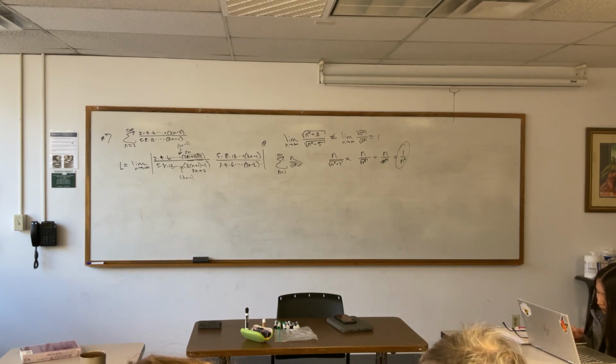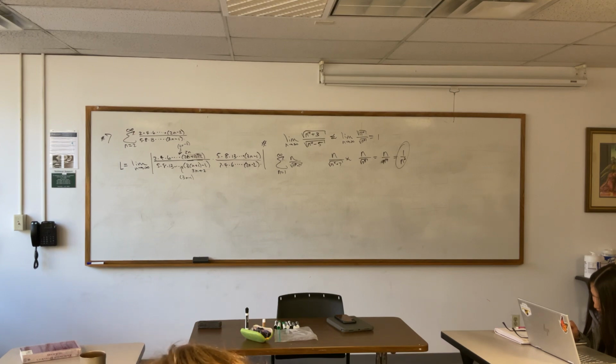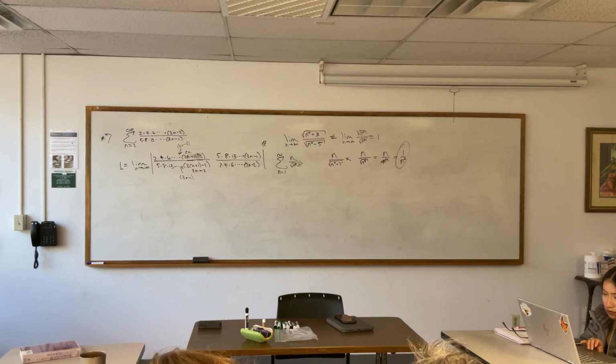Let's try simplifying a little more. You did that, and that was great. That and that simplify. What are you left with when you cancel those? 3 on top, right, exactly. What about those?